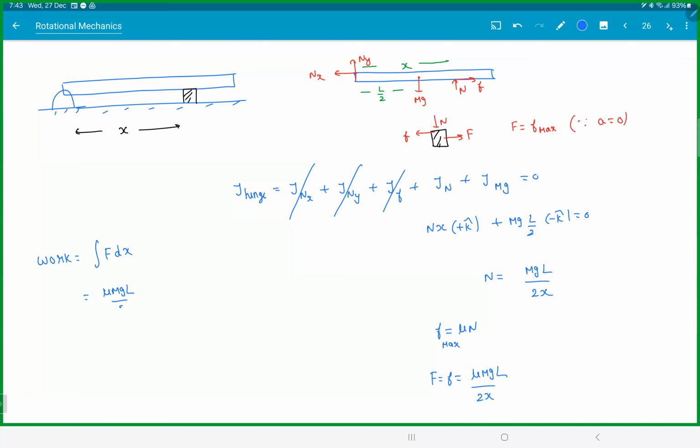Mu mg L by 2 integral dx by x. Limits will go from L by 2 to L. This would be mu mg L by 2, ln L minus ln L by 2. Mu mg L by 2 ln 2. Check. That's your answer.